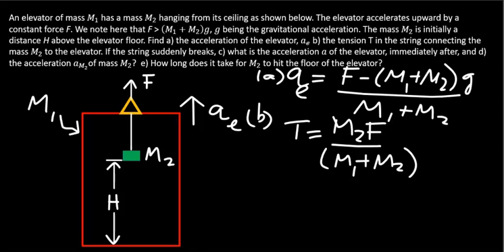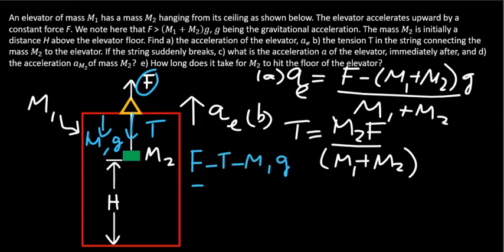So you have the force F that is acting directly on this elevator. You had the tension in the string that's acting downward as far as the elevator is concerned. And then you have this weight of the elevator, which is m1g. And then you have this acceleration. So in that case, we wrote F minus tension minus m1g equals m1ae.